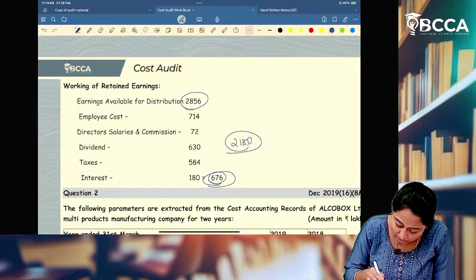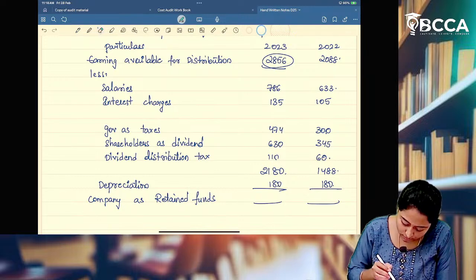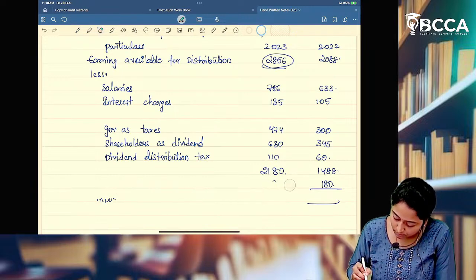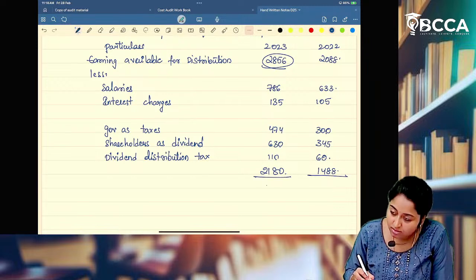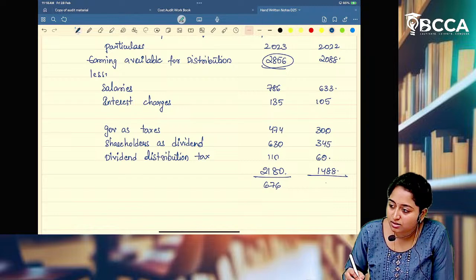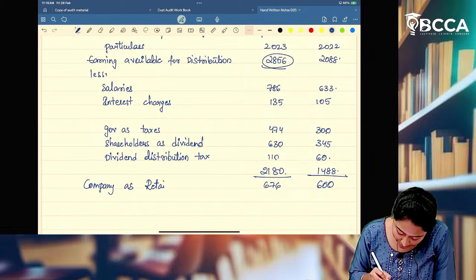Here it is 2180. Here it is how much? Here, 600. So this is company's retained funds.